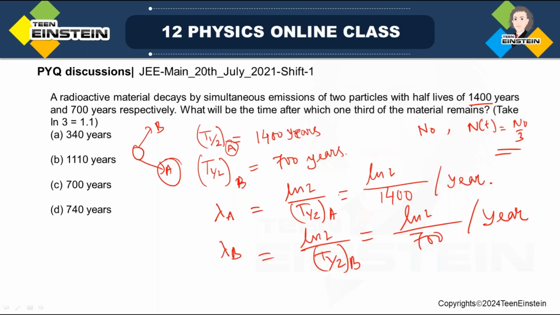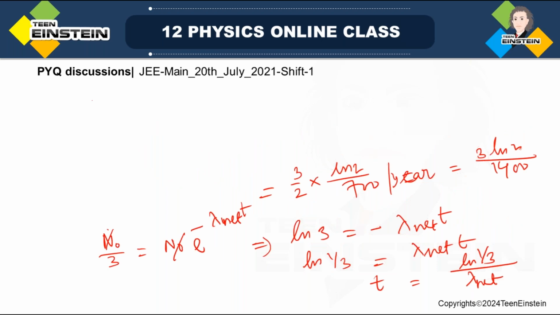Okay, so we have to find out the time t. That is t is equal to ln 1/3 divided by lambda net. This is the expression.